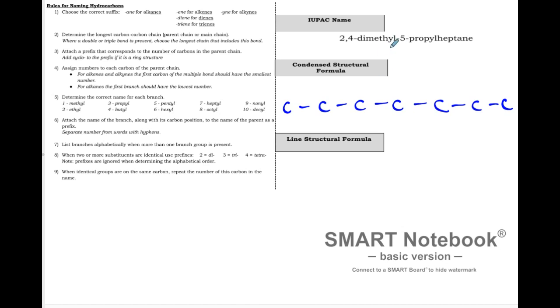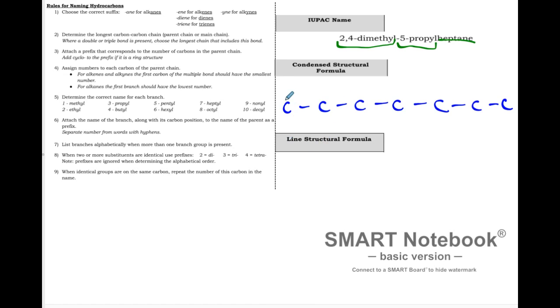Don't draw your hydrogens in yet because we have branches or substituents coming off of the heptane main chain. We have at the 5th position a propyl, and at the 2nd and 4th carbon of our main chain, we have a methyl. So we have 2 methyls, one on the 2nd, the other on the 4th.